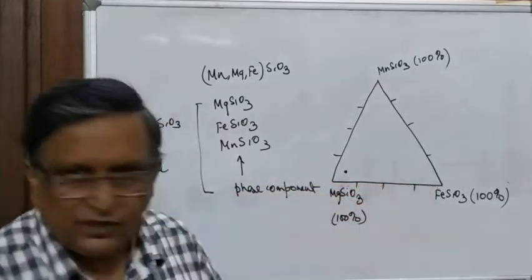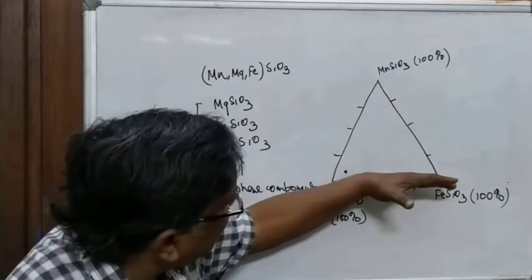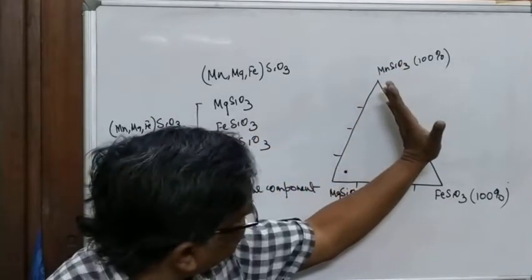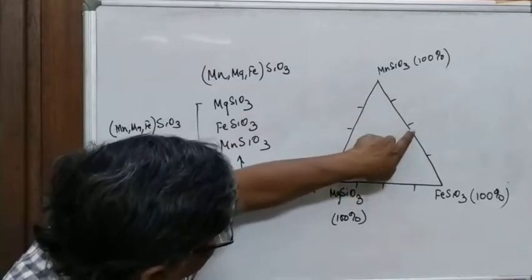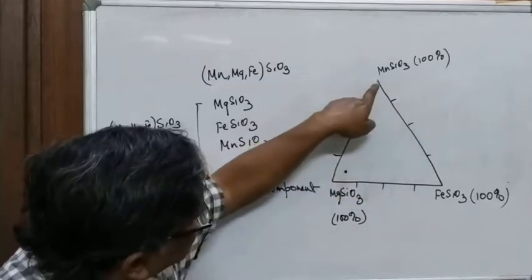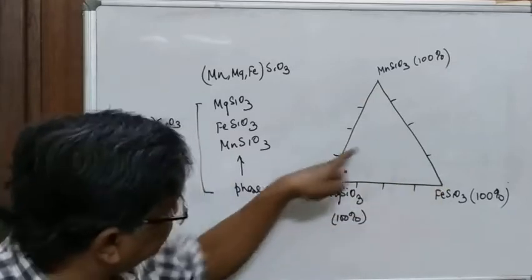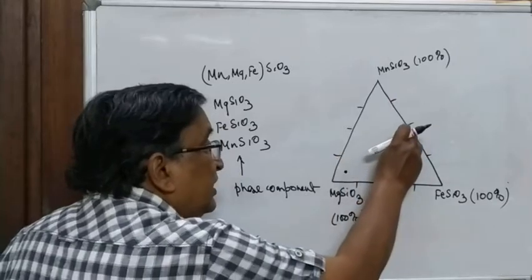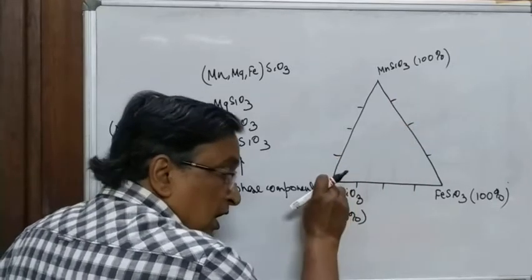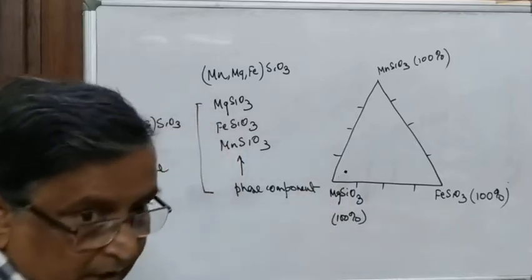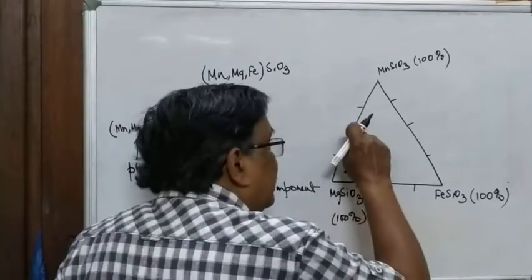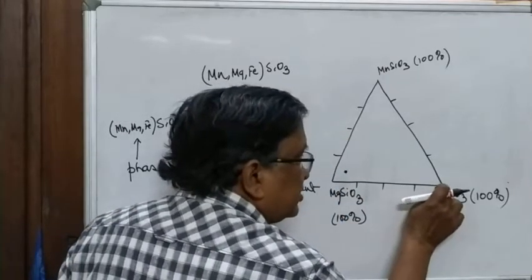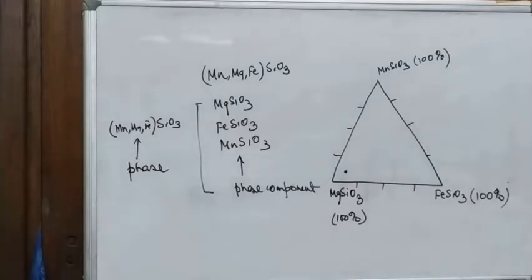At the baseline, there is no MnSiO3, so the MnSiO3 component increases to 100% here. Similarly, if my phase was on this line, then it is on the binary MnSiO3, FeSiO3, so there is no MgSiO3. From here to here, MgSiO3 increases from 0% to 100%. Have you understood? And here FeSiO3 is 0% along this binary and increases in the internal space, and at this vertex FeSiO3 is 100%.